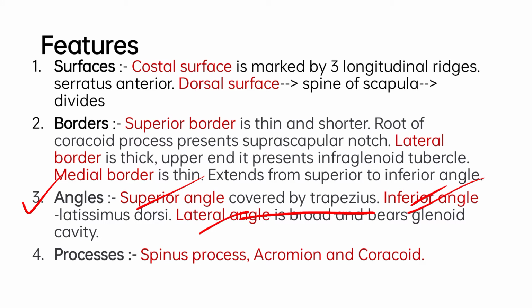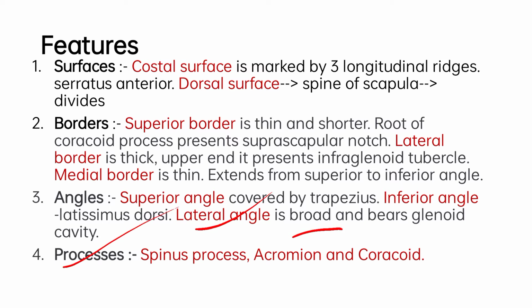The upper end of inferior angle is covered by the latissimus dorsi. It moves forwards round the chest when the arm is abducted. Now moving on to the lateral angle. Lateral angle is broad and bears the glenoid cavity or fossa.